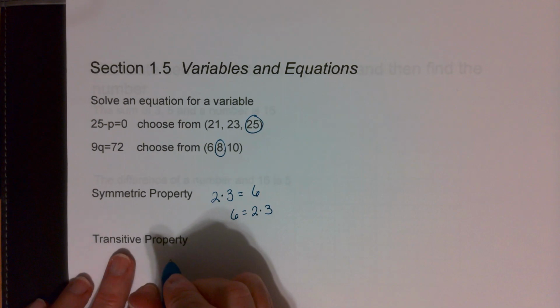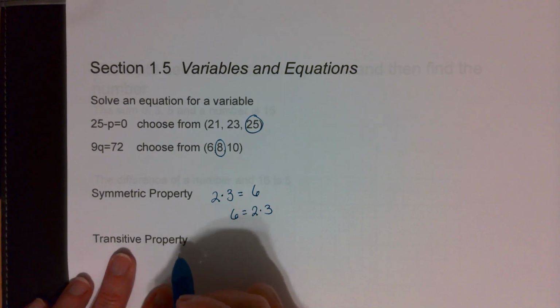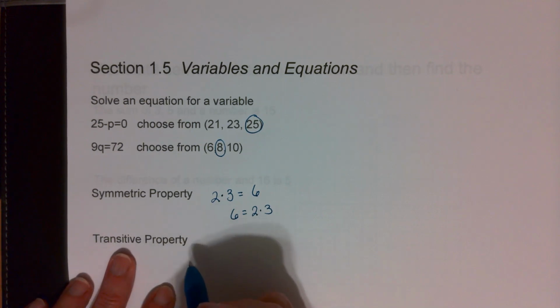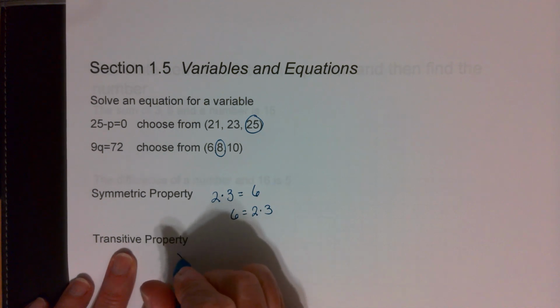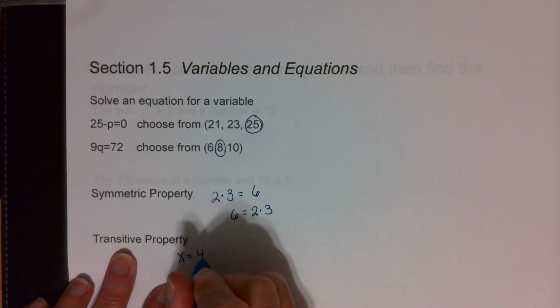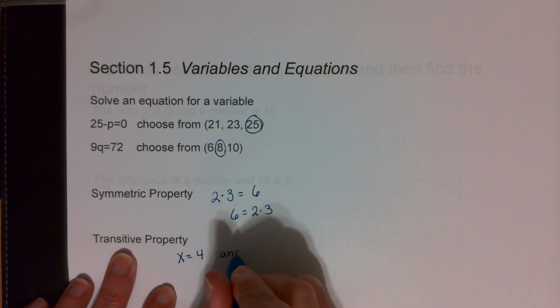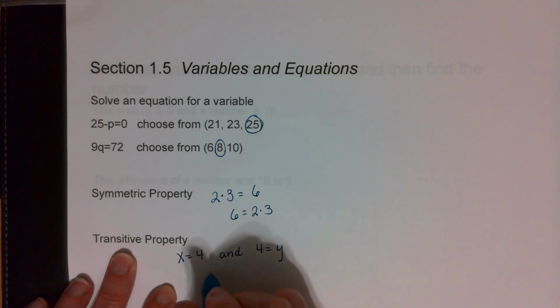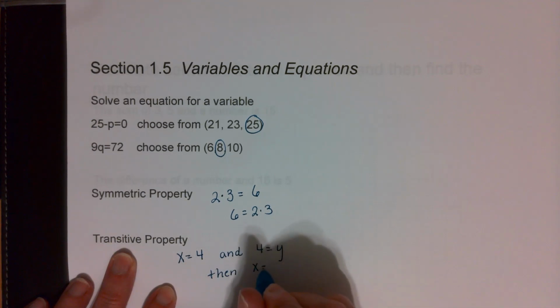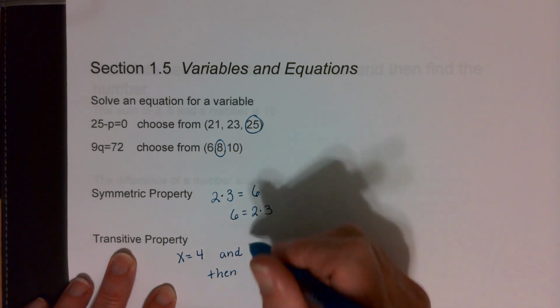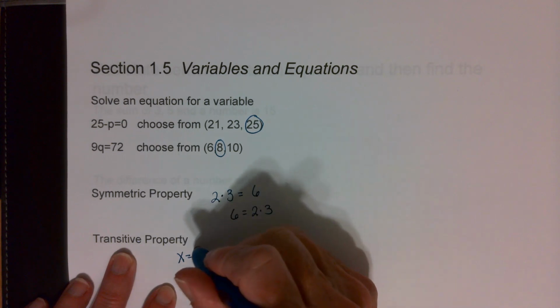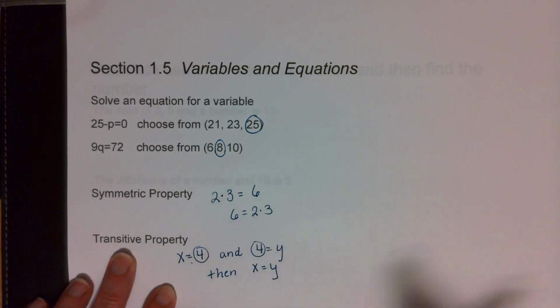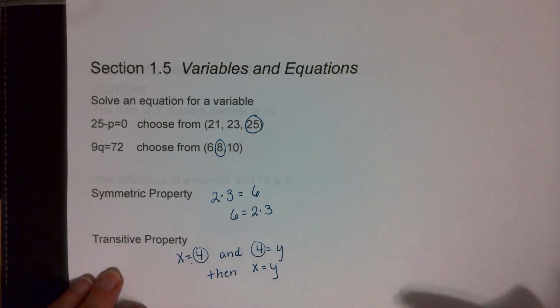This was the thing that if A equals B and B equals C, then A equals C. Done out, x equals 4. And let's say 4 equals y, then I know that x equals y. Transitive property, you're always going to have a tie between the 2 equations that is going to be the exact same thing.